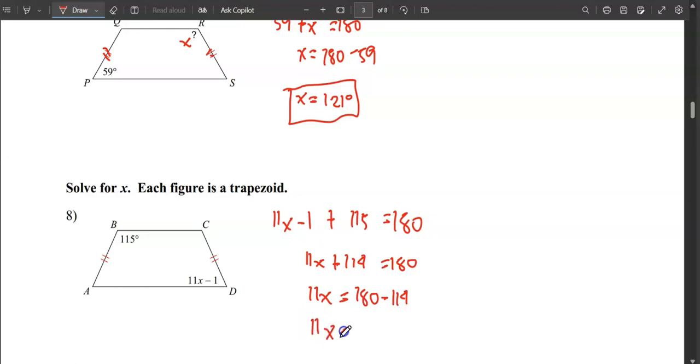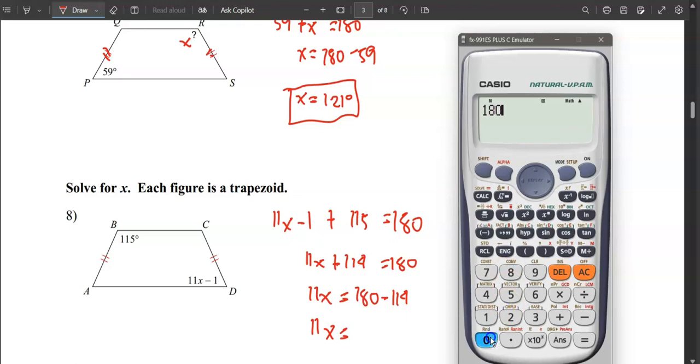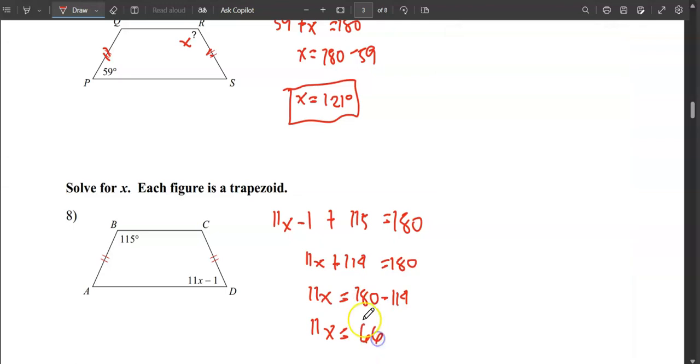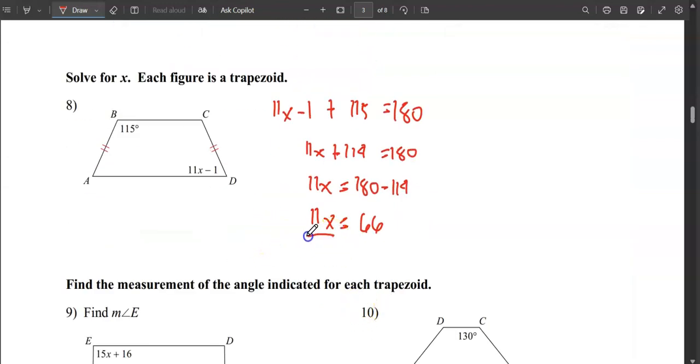So 11x is equal to how much? Let's see, 180 minus 114 gives us 66. So we have 66. So divide everything by 11. X is 6. Alright, so again, x is 6.